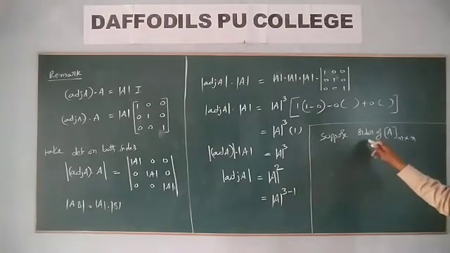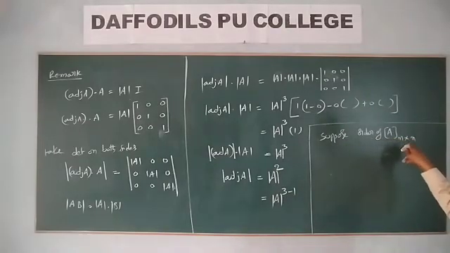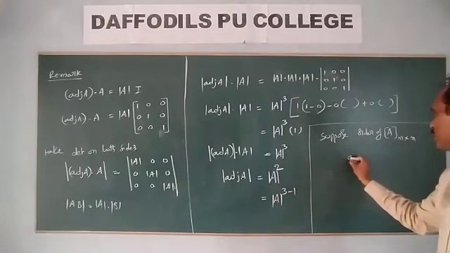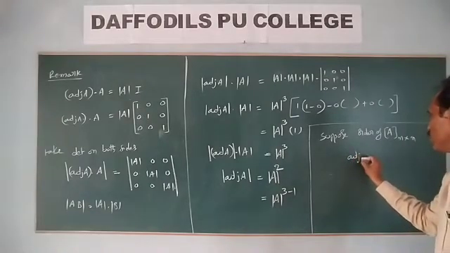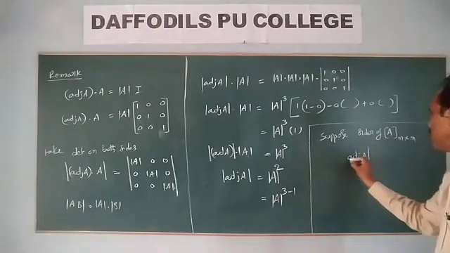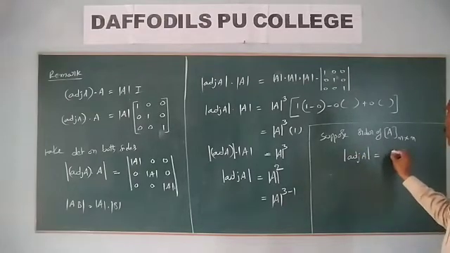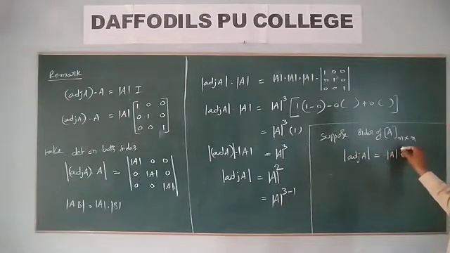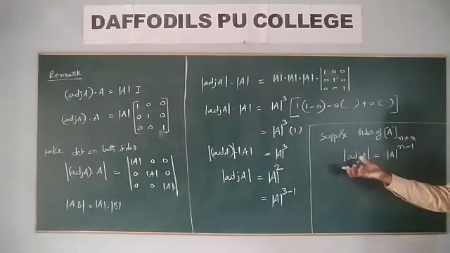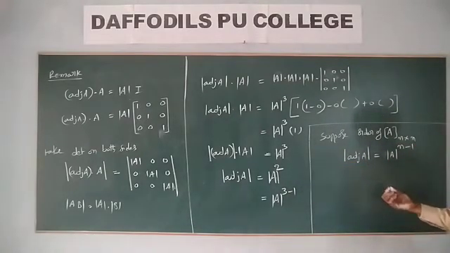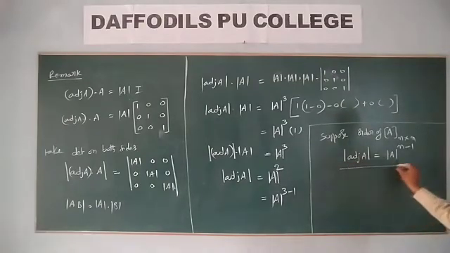Suppose the order of the matrix is n by n, then det of adjoint A is equal to det A whole power n minus 1.